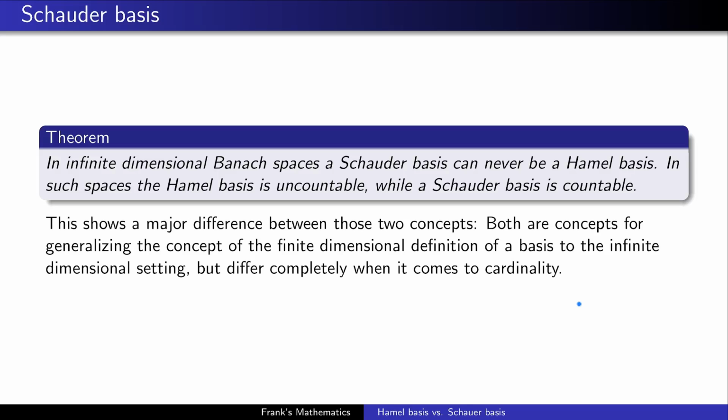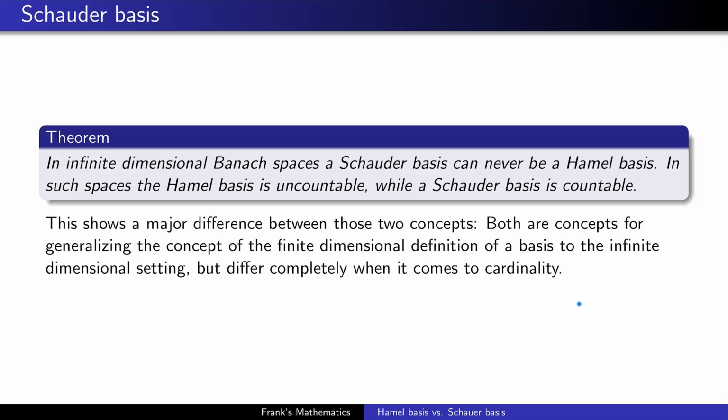Obviously, you do this by cardinality. I've shown you, we have the proof, that in infinite dimensional Banach spaces, a Hamel basis is uncountable, while a Schauder basis is always countable. So these two sets will never coincide. And this is a huge difference of these two concepts.